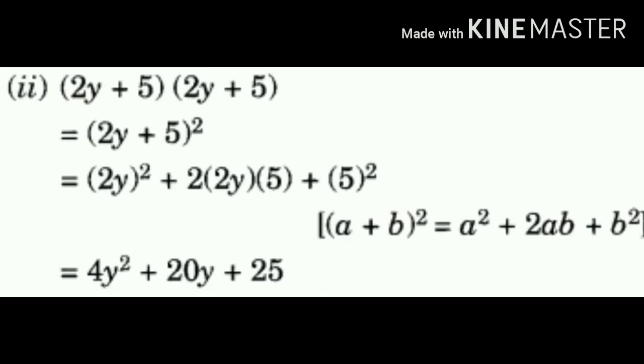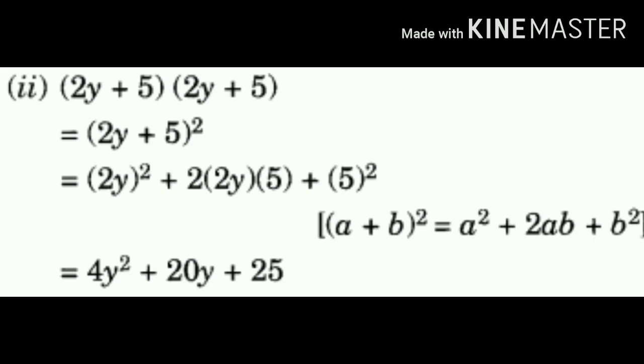Here we have an example for (a plus b) whole square identity, which is a square plus 2ab plus b square. We have the example of (2y plus 5) whole square, where a is taken as 2y and b is taken as 5.